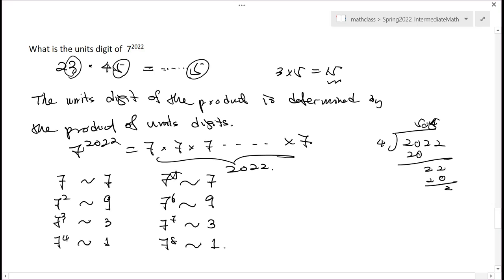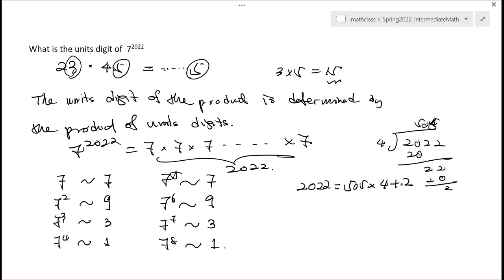The remainder is 2. So that means 2022 is 505 times 4 plus 2. So you have 505 blocks of 4 numbers, plus 2.